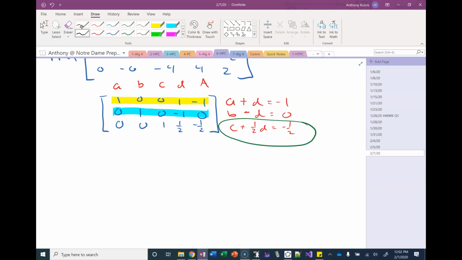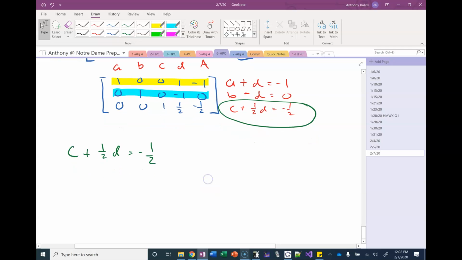Okay. So I'm going to use this equation now to pick values for C and D to plug into my equation for my plane. So if I pick C to be 0, what does D have to be? Negative 1, right? Can everybody see that? If I pick D to be 0, what does C have to be then?